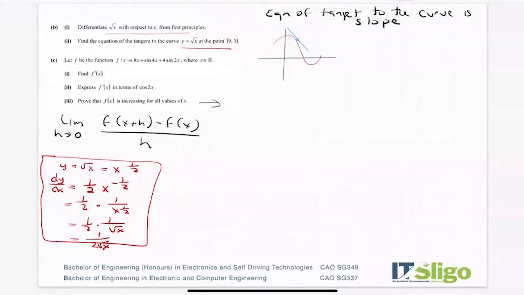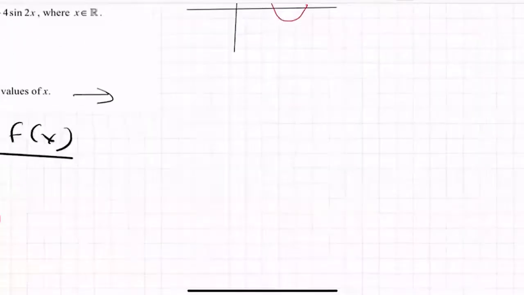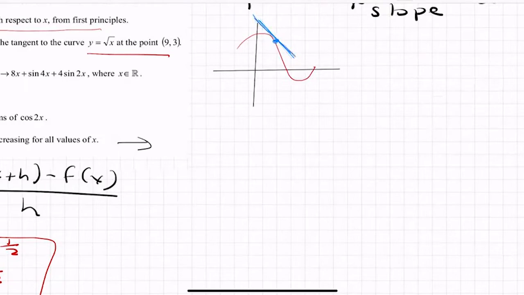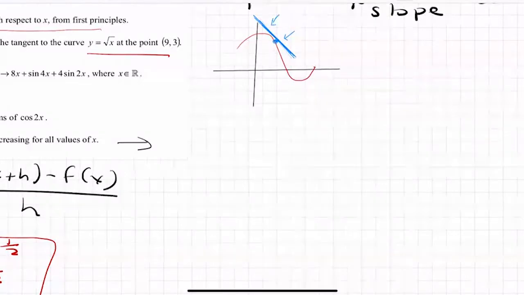And the slope, the theory tells you that the slope of the curve at that point, now imagine that's a tangent and it's touching. The slope of the tangent at that point on the curve, on the red curve, is the same as if you drew a tangent at that point with the slope, because remember, tangent just touches the curve at one point, so that line will have a particular slant or slope. So the slope of that tangent is the exact same as the slope of this curve at just that point.